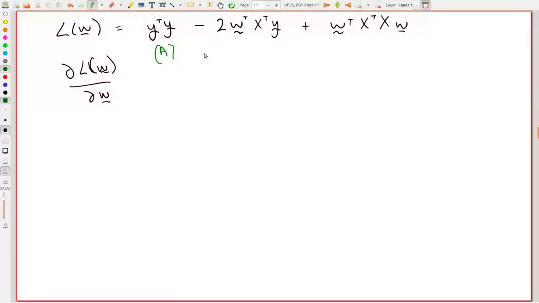You can look at these and call them A, B, and C. We're going to take the derivative with respect to our weight vector W, and it should be pretty obvious here that this does not depend on W. So in a sense, you could think of this as a constant, and so this thing is actually just going to be 0.